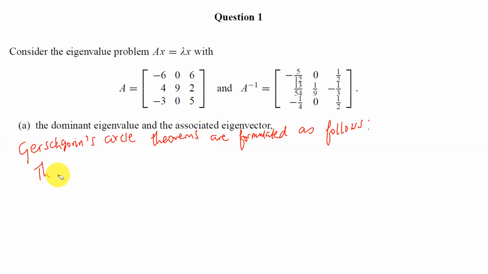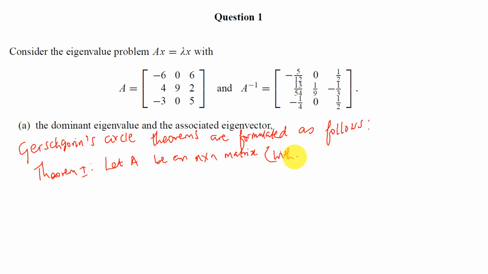We shall look at theorem one. What does this theorem say? So in this case, we let A be an n by n matrix. Normally in the exam they give smaller matrices, but 2 by 2 are very popular. But you can always find a 3 by 3 like this one.